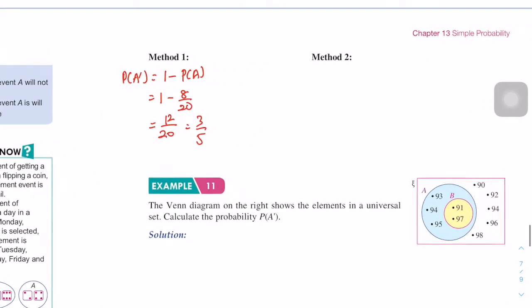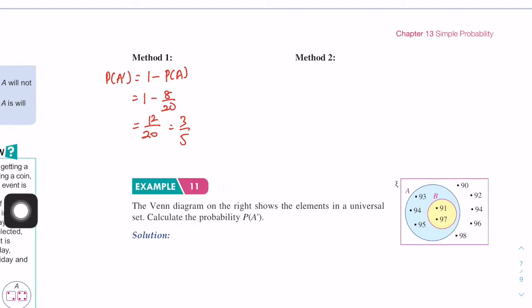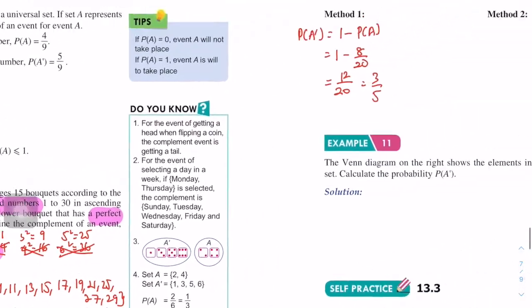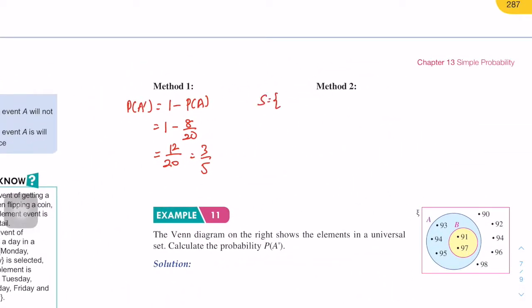The second method is you can use listing as always. We know that S is 1 until 20. So 1, 2, 3, 4, 5, 6, 7, 8, 9, 10, 11, 12, 13, 14, 15, 16, 17, 18, 19, 20.